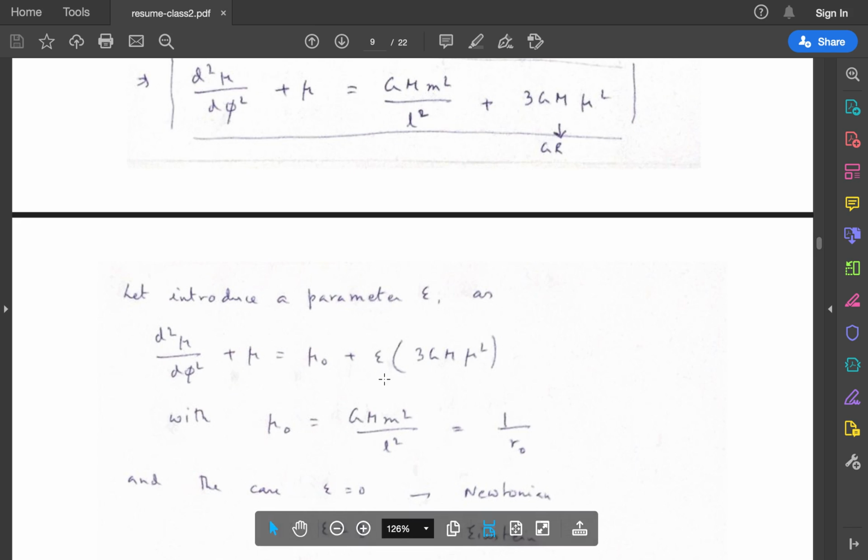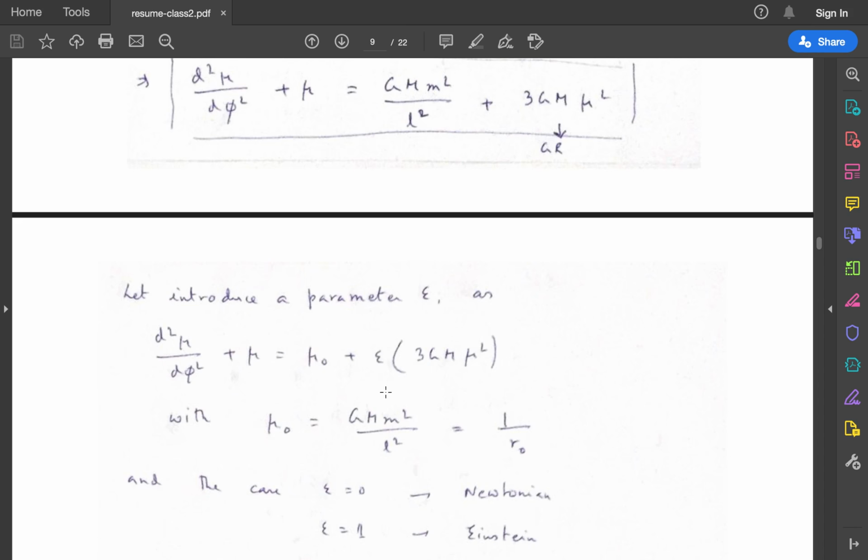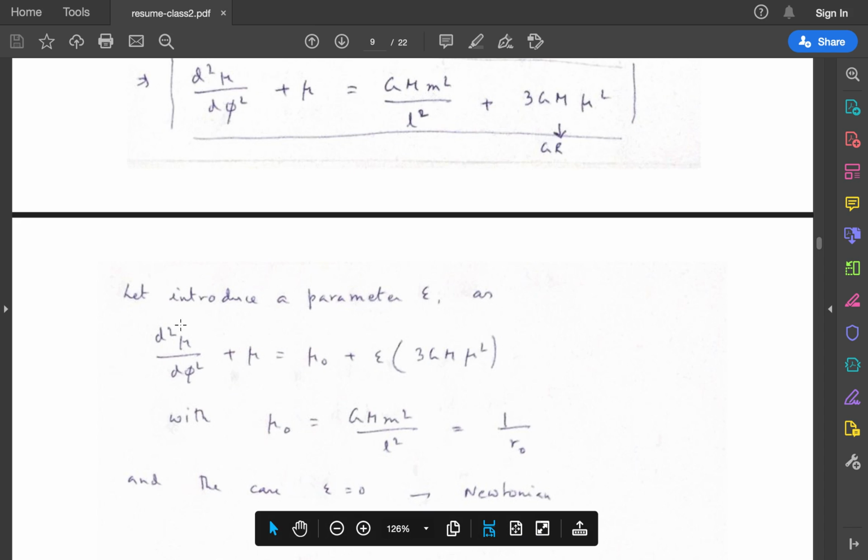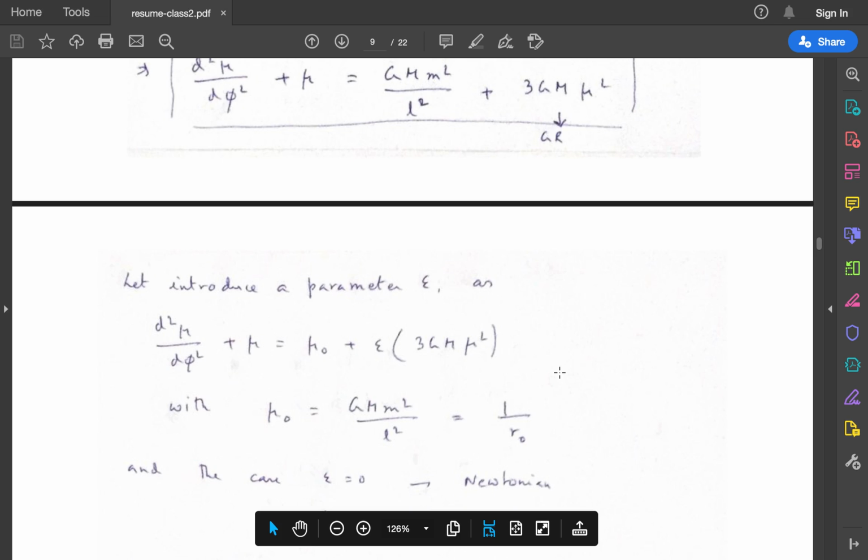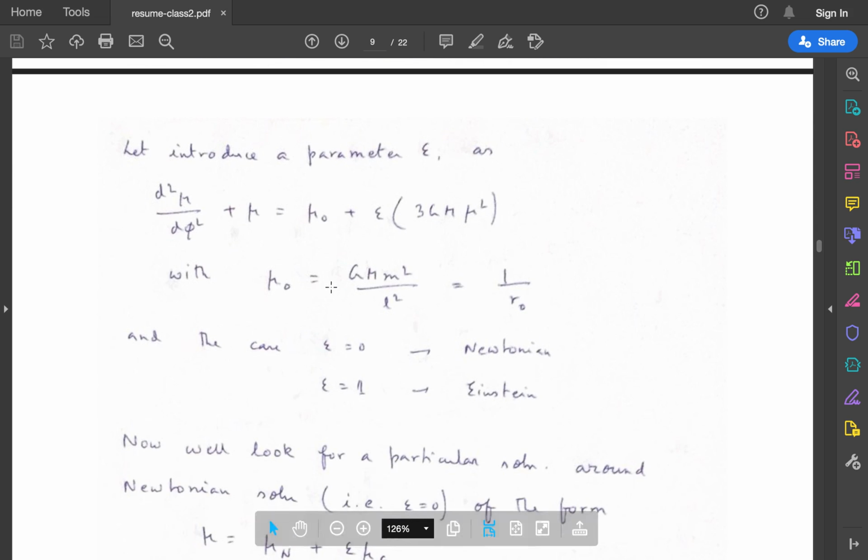You see that if I take epsilon to be 0, we have our old Newtonian equation, whereas epsilon equal to 1 gives back the GR correction term. Let us introduce this parameter and parameterize this equation in terms of the Newtonian and then the Einstein or GR equation.